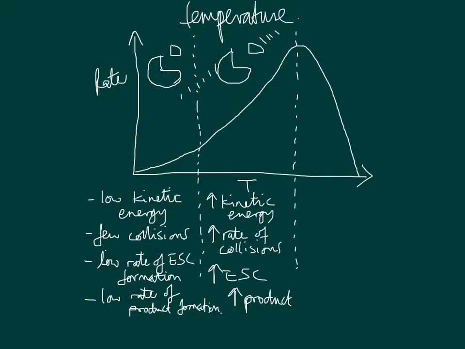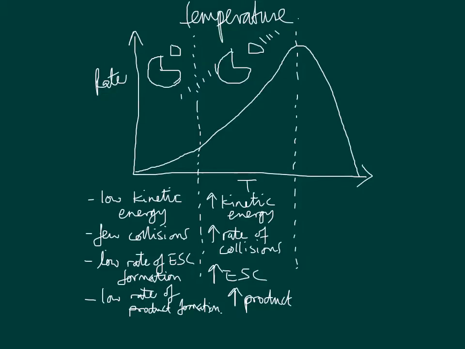Now what is happening further on? If we increase the temperature even further, we should mention that if we increase it to the right level, we reach a temperature where we reach the optimum rate of reaction. That's the optimum temperature.